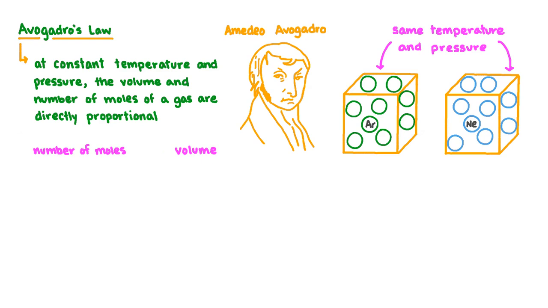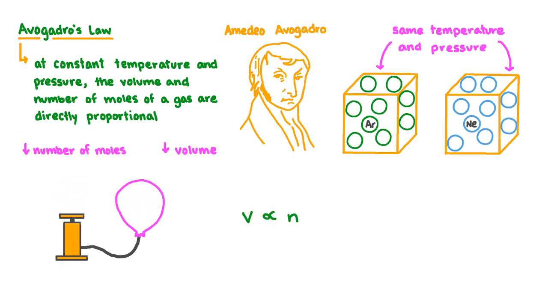Likewise, if the number of moles of a gas is decreased, the volume occupied by the gas will decrease at a constant rate. We can see Avogadro's law in action when we blow up a balloon. When the piston of the air pump is depressed, more air, or more moles of gas, is added to the balloon, and the volume of the balloon increases.